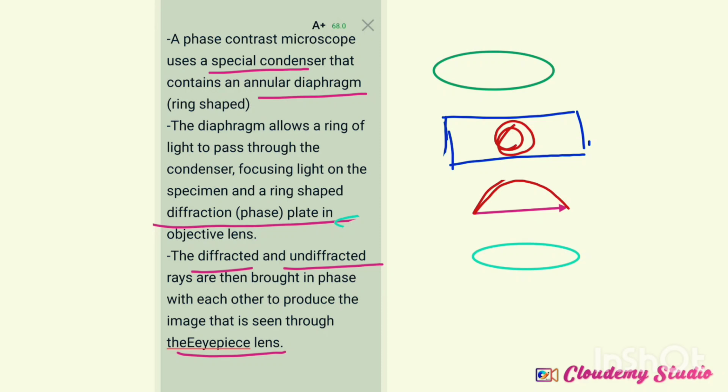So here is the annular diaphragm of the condenser. Below the condenser, this annular diaphragm passes the light rays. So light rays enter the condenser. From the condenser they enter the specimen.